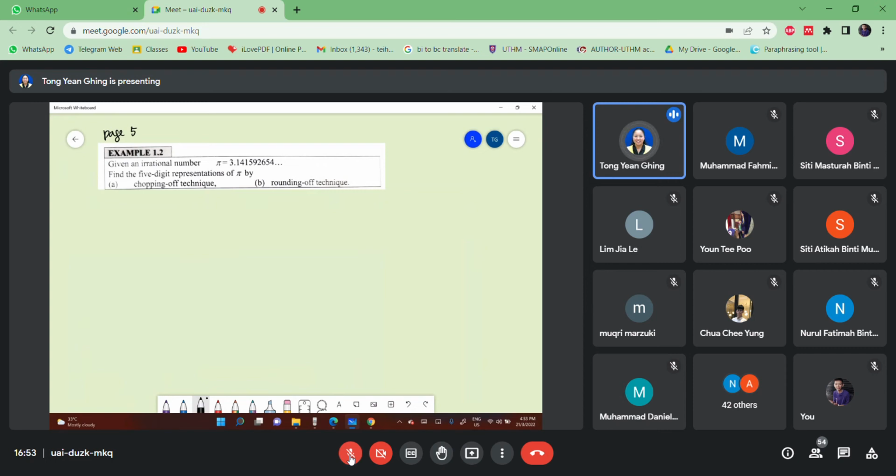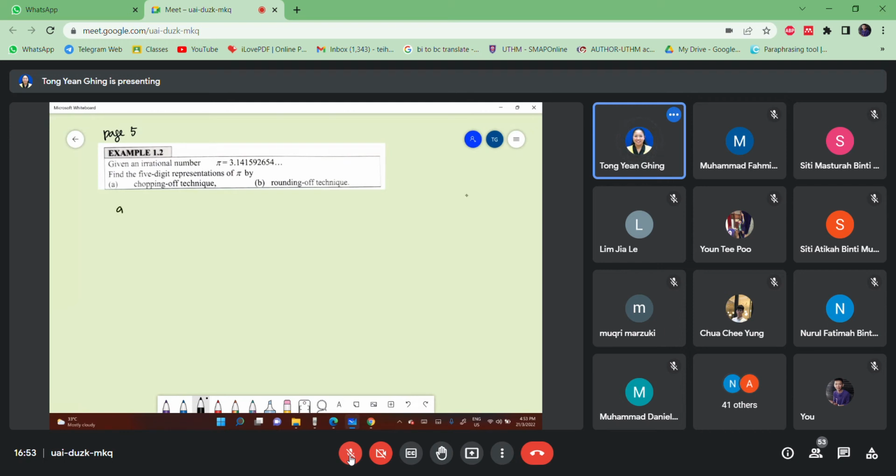Given an irrational number pi equal to 3.141592654, find 5-digit representation of pi by A is chopping off technique, B is rounding off technique. Okay, ini saya terus panggil sajalah nama. It's very simple. Auni Nabiha.